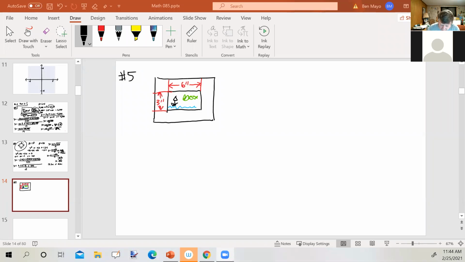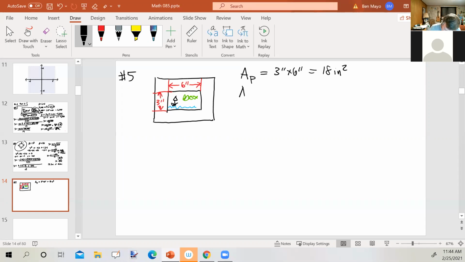So here's the picture, okay? And then we've got this mat around the edge of it. And we know that the length of just the picture is 6 inches. The width or height of just the picture is 3 inches. So the area of the picture is 3 inches times 6 inches, which is 18 square inches, okay?